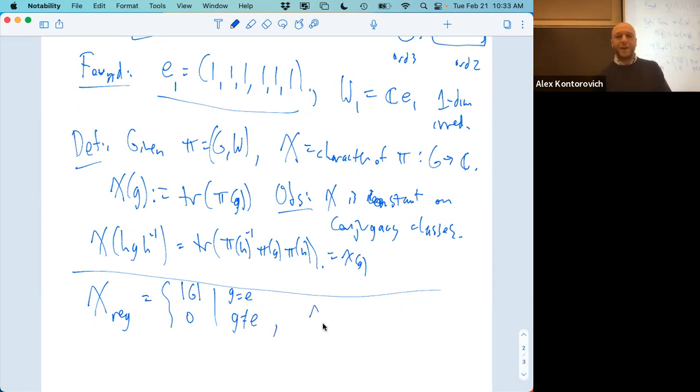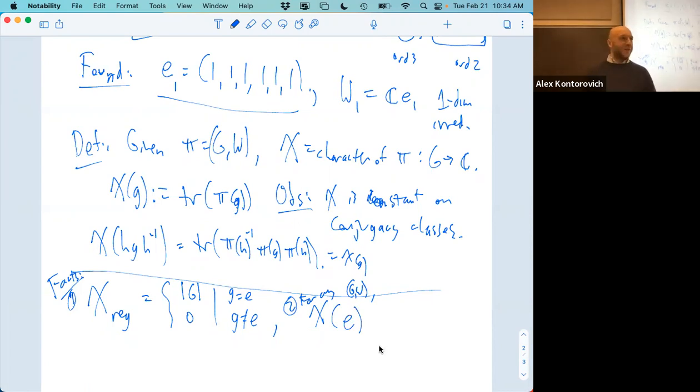In general, for any character chi, so this is fact 2: for any representation of G on W, chi of the identity can't move anybody.